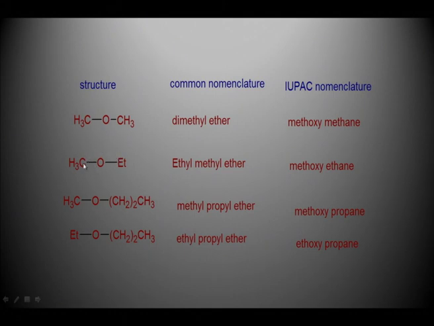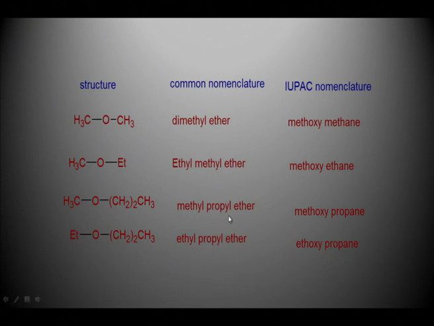On one side it is a methyl group and on the other side an ethyl group. The common name is ethyl methyl ether, and the IUPAC name is methoxyethane. In the next example, one side is a methyl group and the other side a propyl group. The common name is methyl propyl ether, and the IUPAC name is methoxypropane.